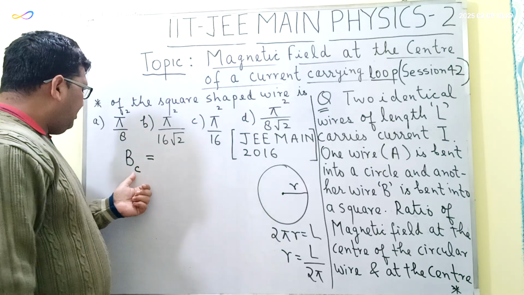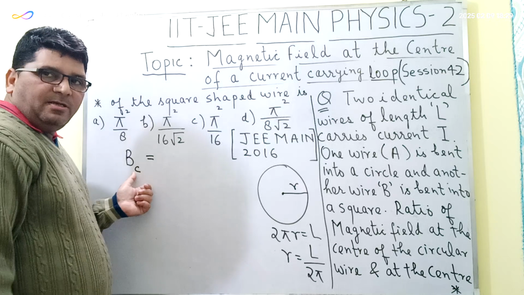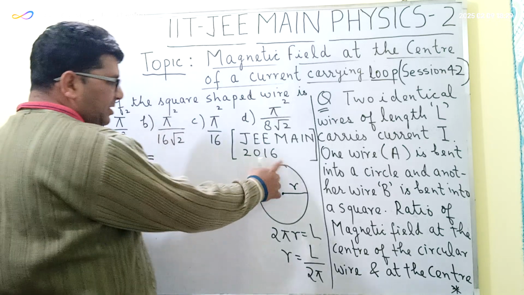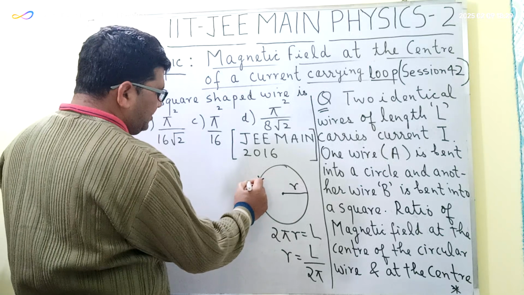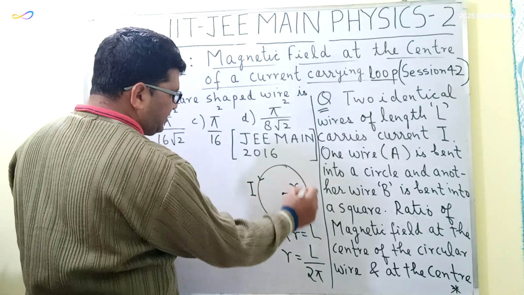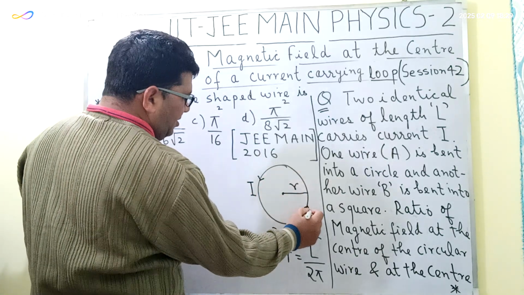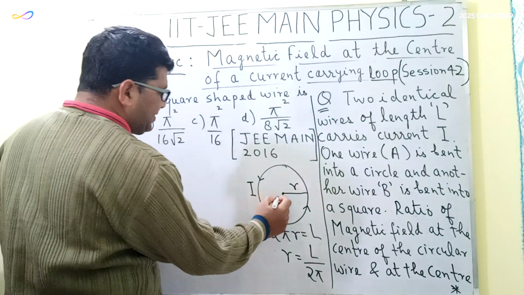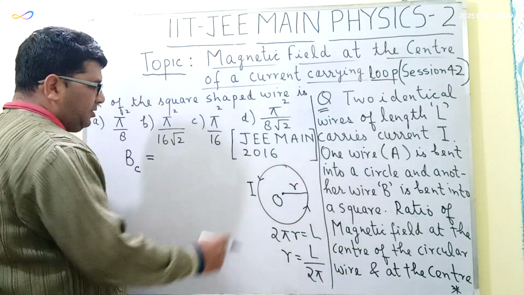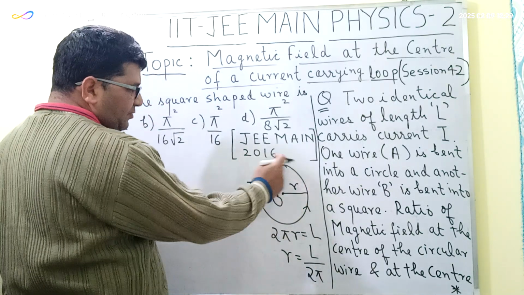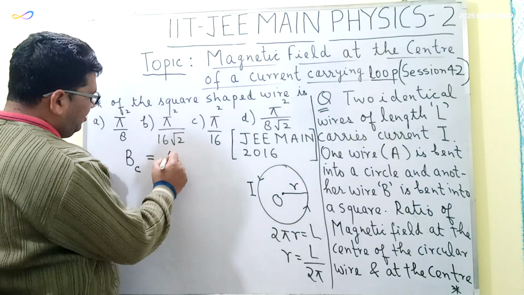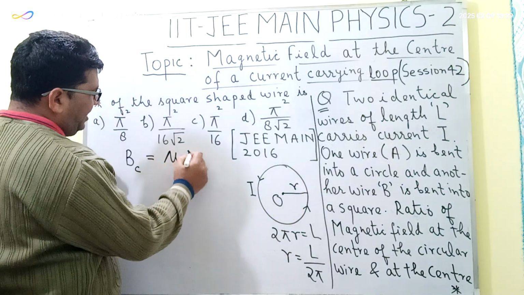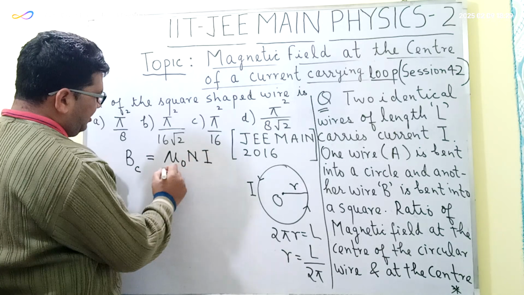So this is the magnitude of the magnetic field at the center of a circular wire which is carrying a current I. Say the current I is flowing in this direction as indicated by this arrow. So the magnetic field at this center, say O, due to the current which is flowing in this circular wire, will be equal to mu naught N I divided by 2R.